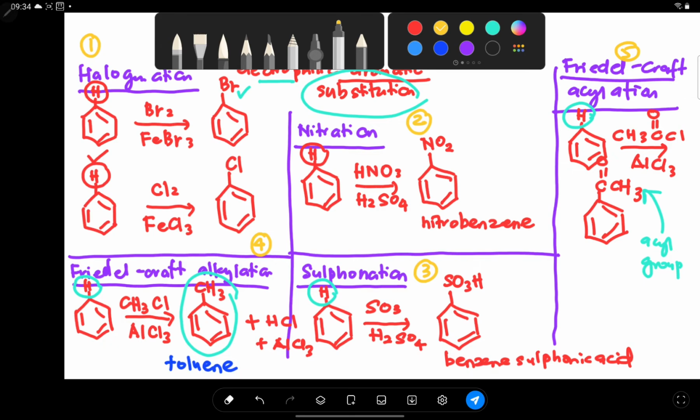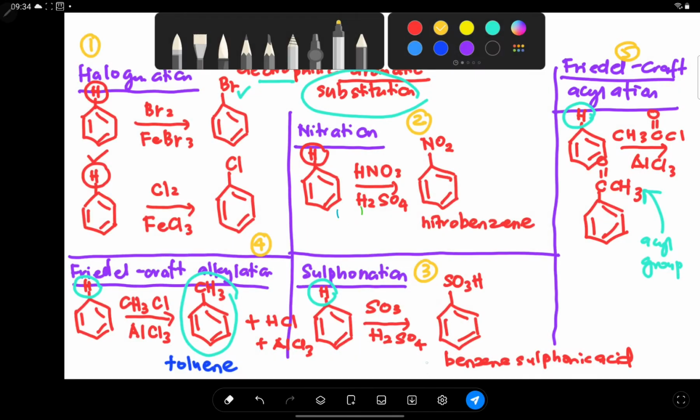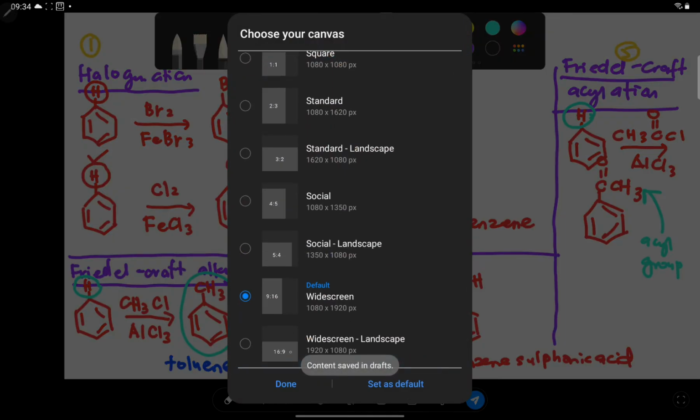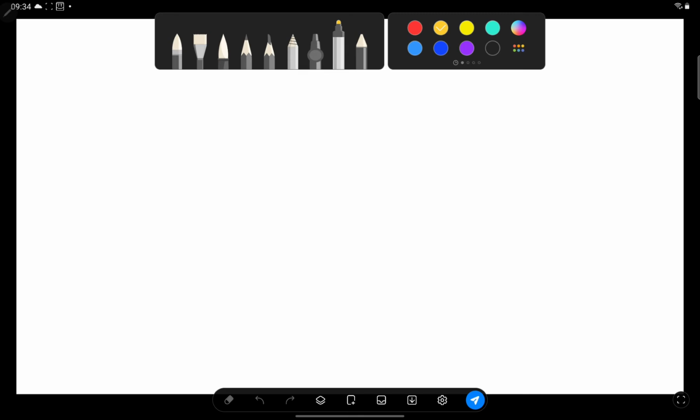So we need to take a look at what we call the effect of substituent on the reactivity of the benzene ring. This substituent will give an effect in terms of reactivity and orientation.